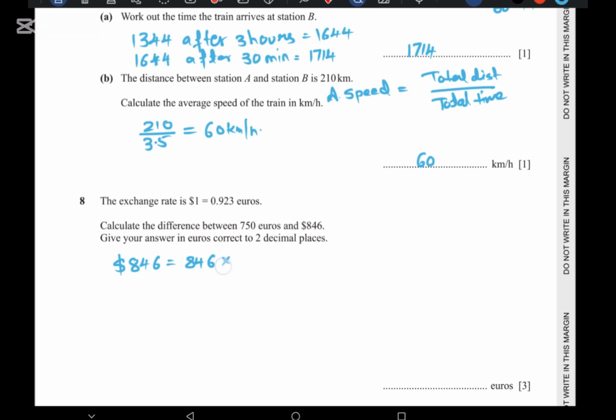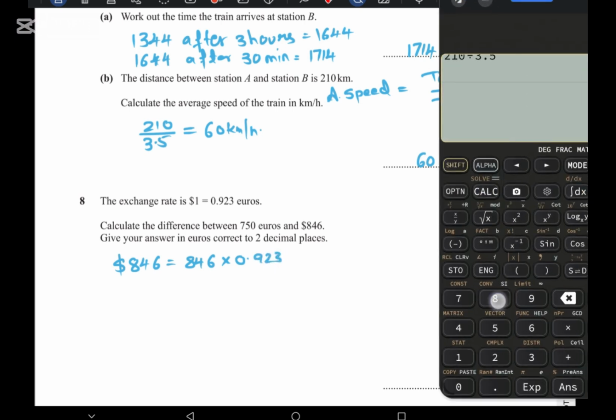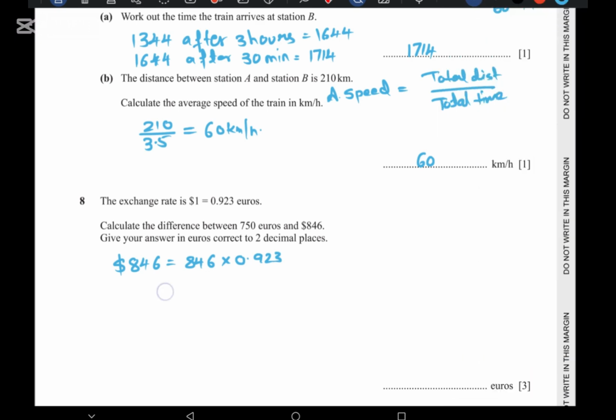So just multiply 846 with 0.923. 846 times 0.923 is equal to 780.858 euros.